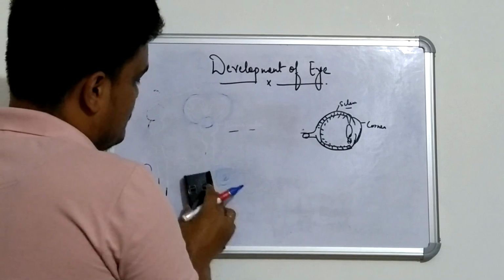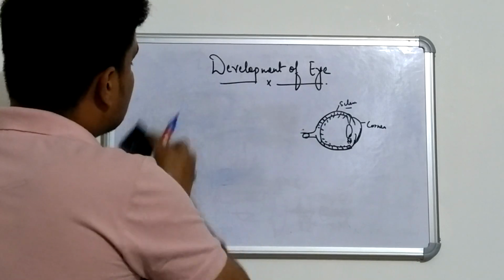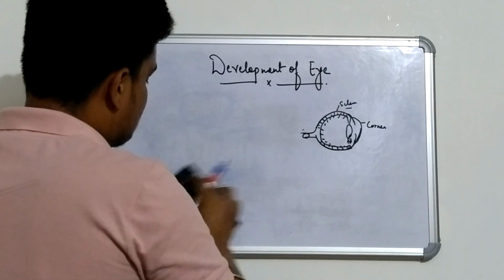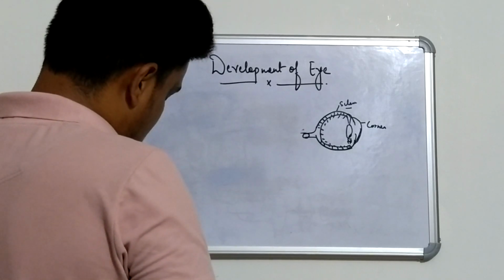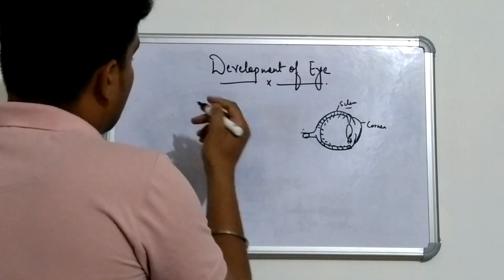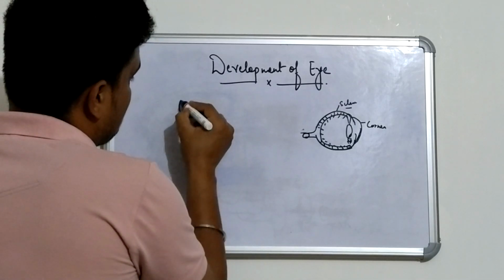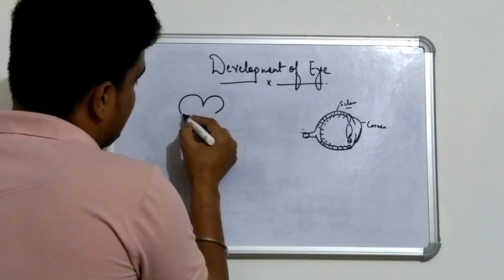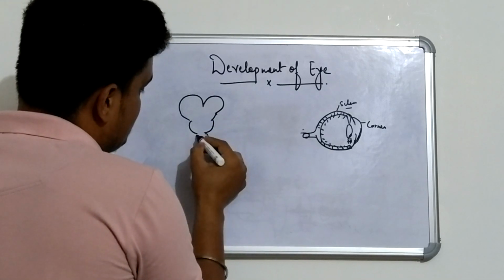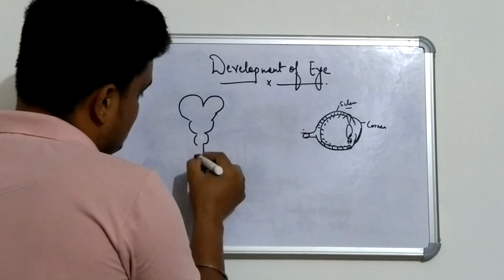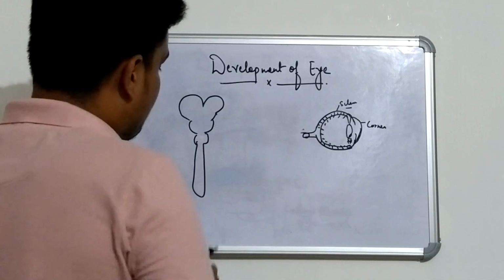Okay, now the another very important thing here, what we need to understand, is the formation of an eyeball from the area which is known for source area, the diencephalon.